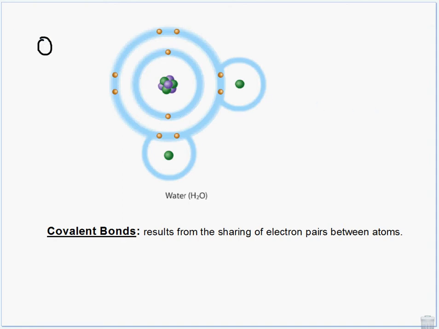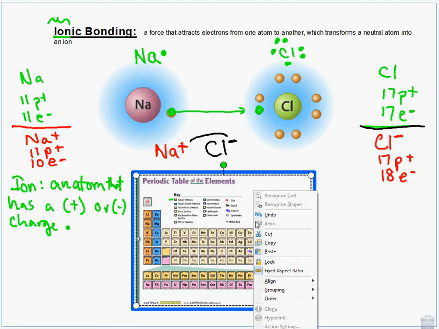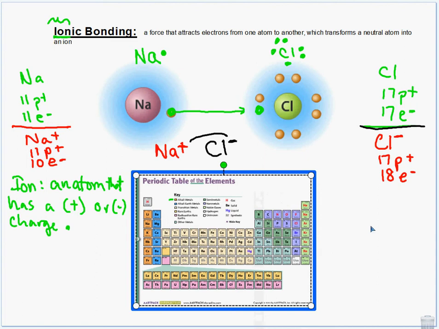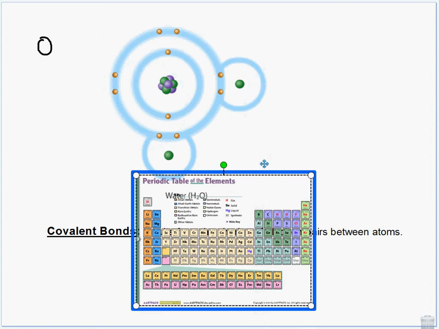Let me see if I can grab this periodic table for the next slide. There we go.